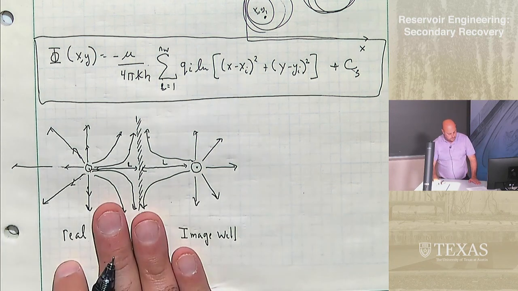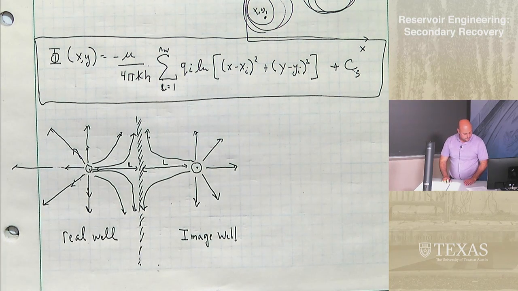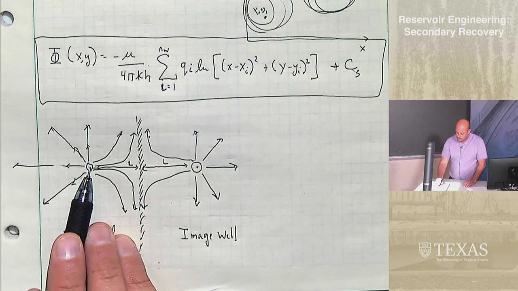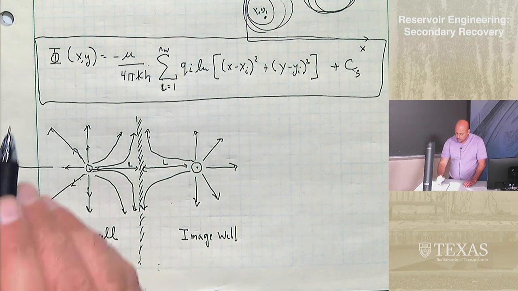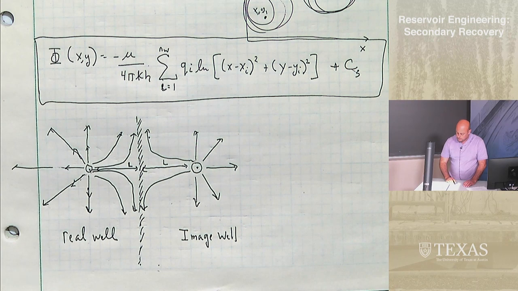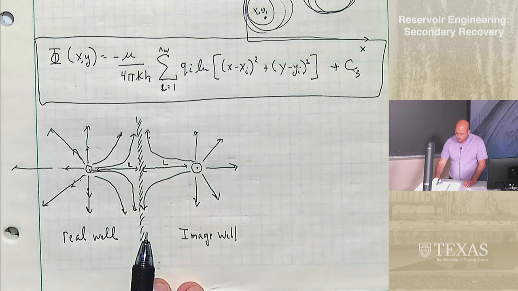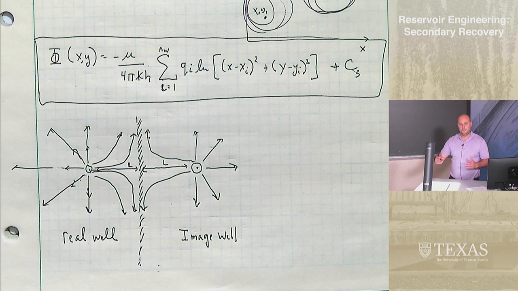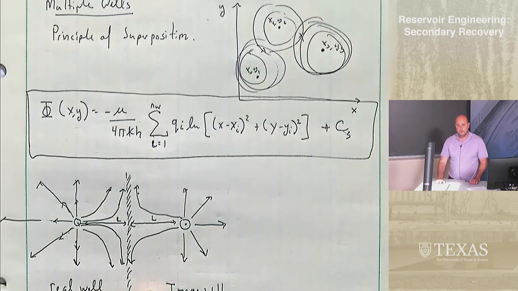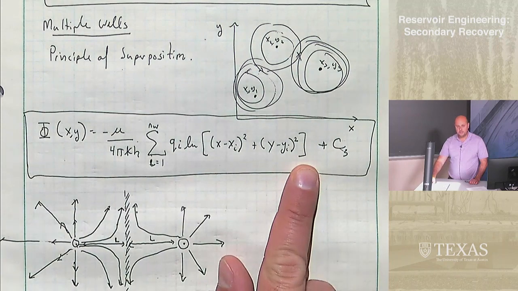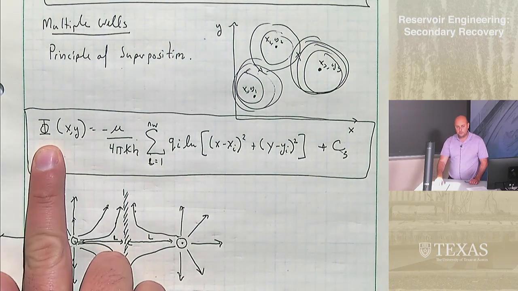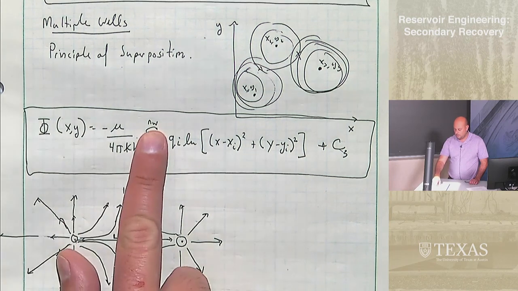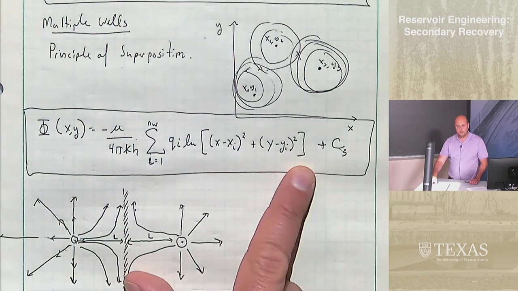So what that means is that we can mathematically describe flow around this well in the X and Y coordinate system when we have a fault by tricking it into just saying that there's an image well on the other side of the fault that interacts with it. And fortunately, we have a solution for that. We use superposition, and we now know how to describe the potential when you have more than one well in more than one location.